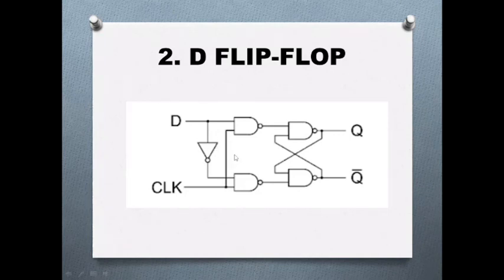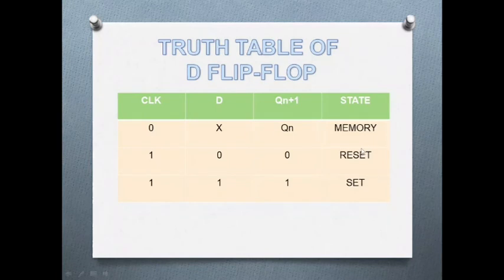A D flip-flop can be easily constructed from SR flip-flop by incorporating an inverter, that is the NOT gate, between S and R, and a single input is given, that is D. Now this is the truth table for the D flip-flop.